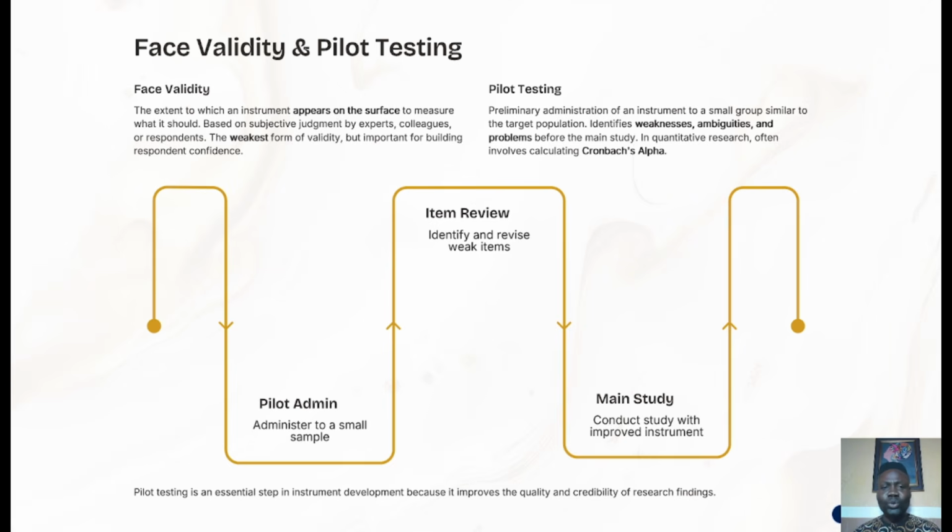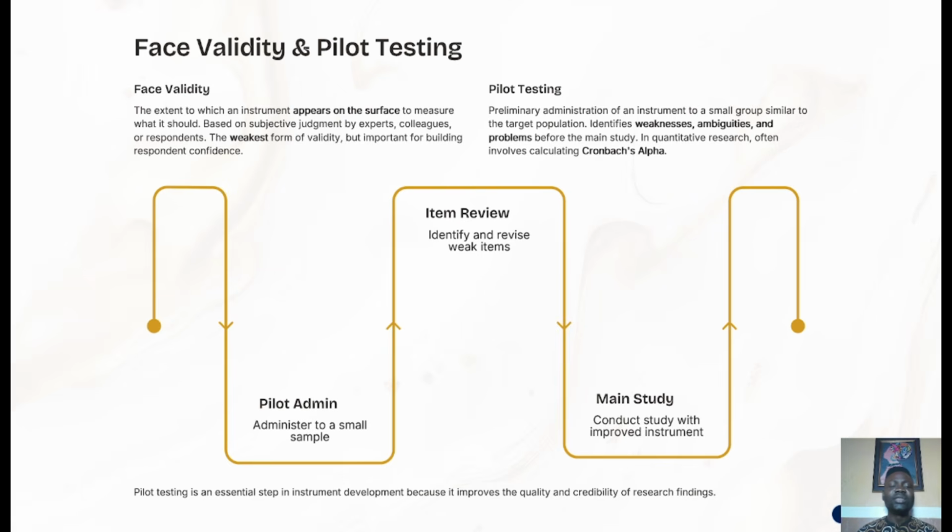What you will now do is to ensure that the items are agreeing with one another. That is very important when it comes to face validity. So it is most of the time the subjective judgment of experts, colleagues.